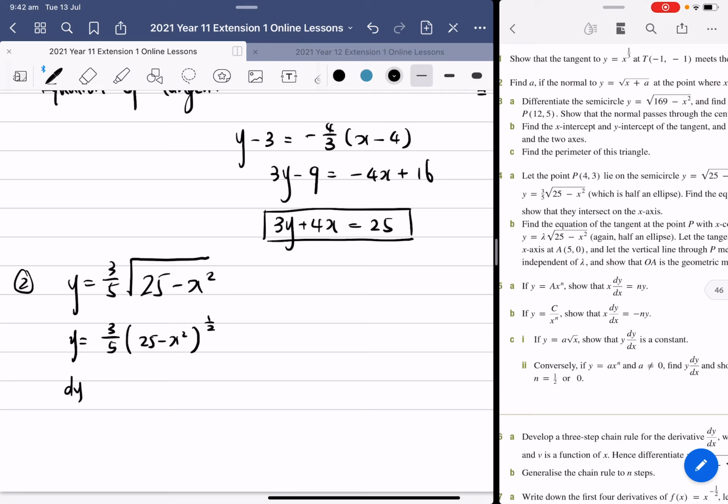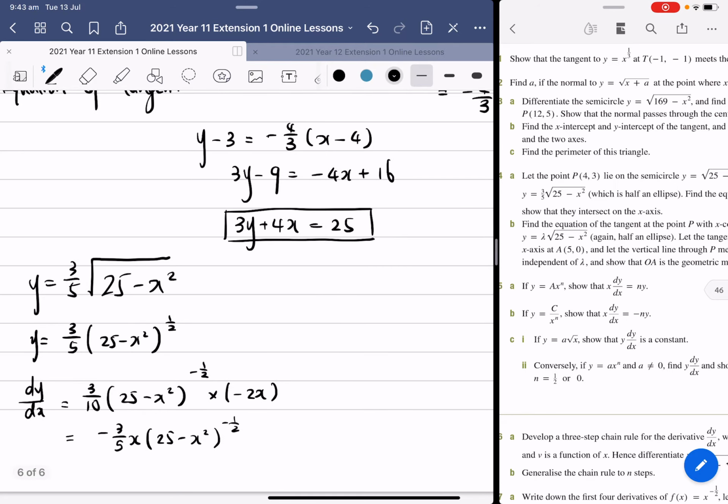So dy over dx is 3/10, (25 minus x squared) to the negative half, times minus 2x again. If you simplify that, that gives you minus 3/5, oh, missed x, x times (25 minus x squared) to the power of minus half.